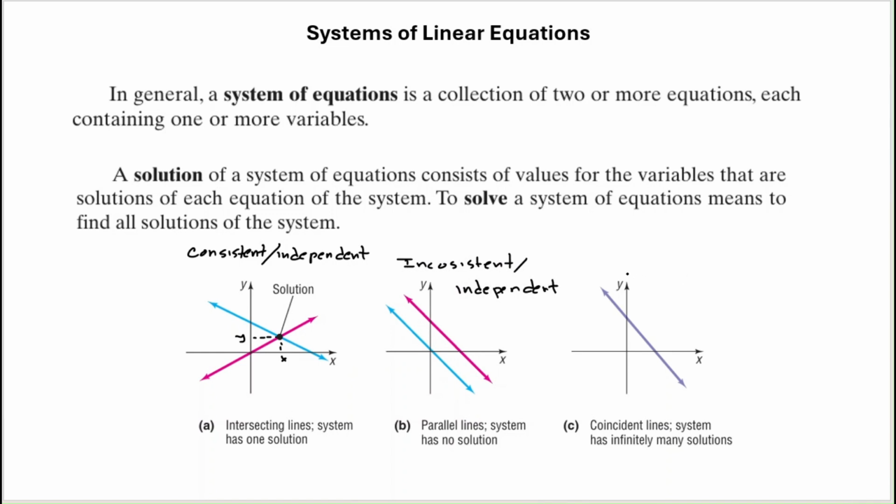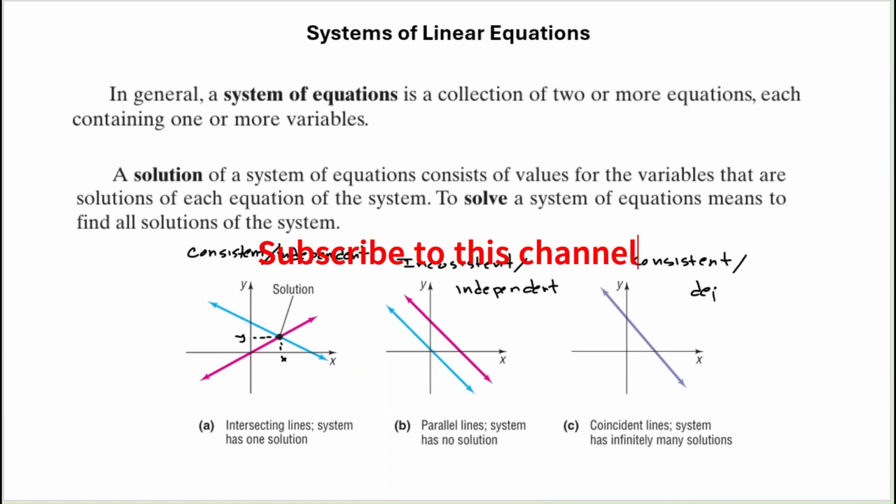And here we have one case where the system is consistent because it has solutions, but the equations are dependent. It's basically two equivalent equations, so that's why they share the same graph.